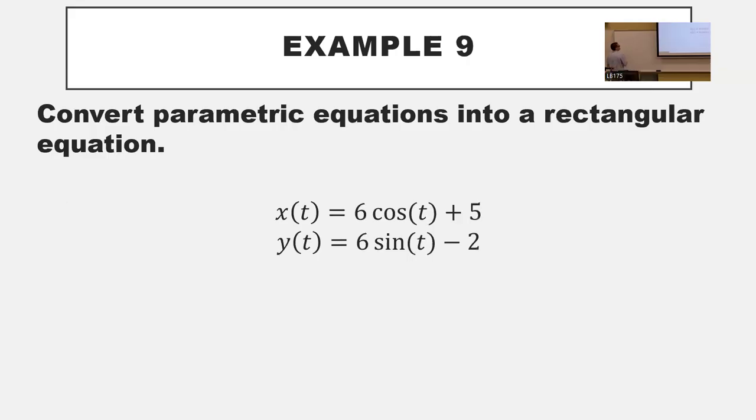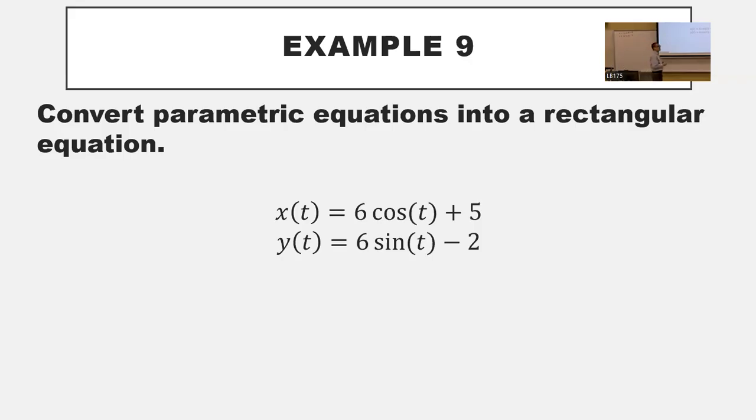So let's pretend we have these two parametric equations. x is equal to 6 times cosine of t plus 5, and y is equal to 6 times sine of t minus 2.